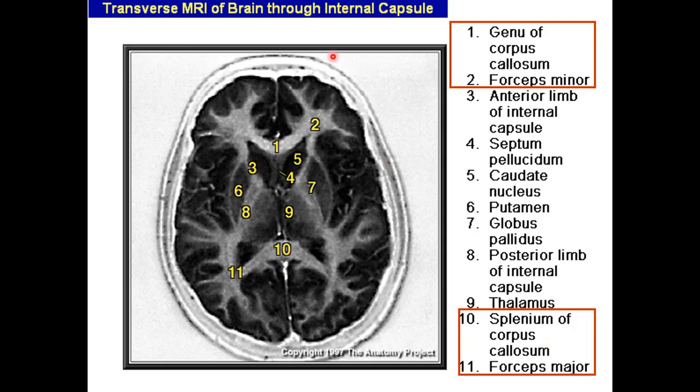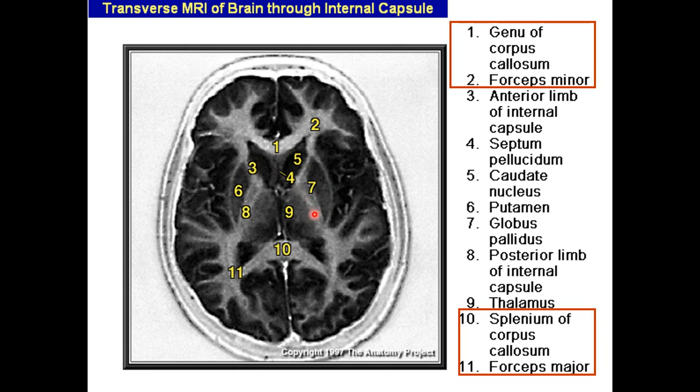Now this is an axial image of the brain through the internal capsule, showing the corpus callosum here. This is the area of the genu of the corpus callosum, and you can see the forceps minor. If you go a little bit further inferiorly, you can see it even better, but some fibers are visible here. And you can see the head of the caudate nucleus, the lentiform nucleus composed of the globus pallidus and the putamen.